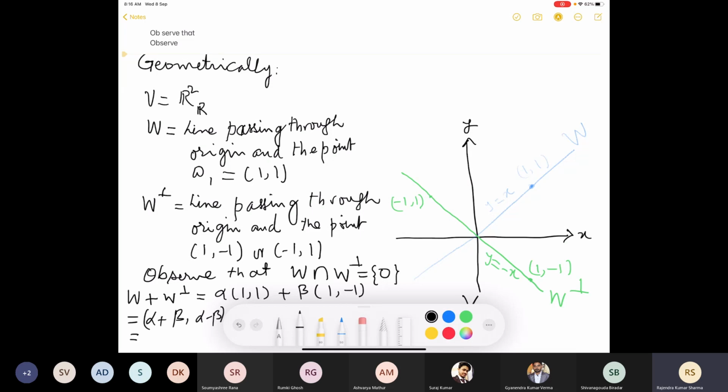So this is your gamma, delta. And this element gamma, delta, where gamma is in R and delta is also in R, is actually the whole of V. So you can see that their direct sum is basically the whole of V. So V is the direct sum of W plus W orthogonal.